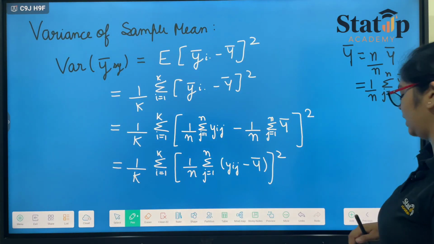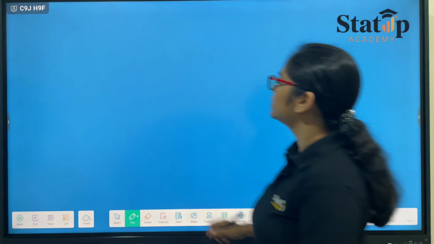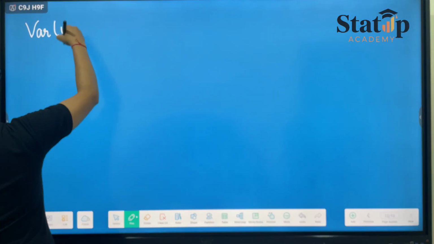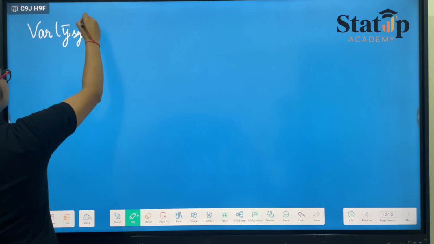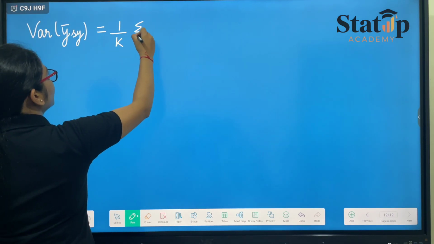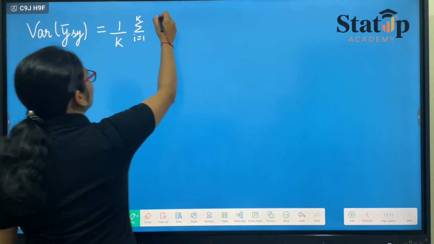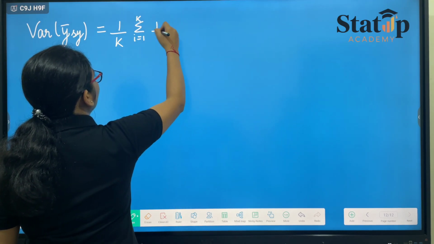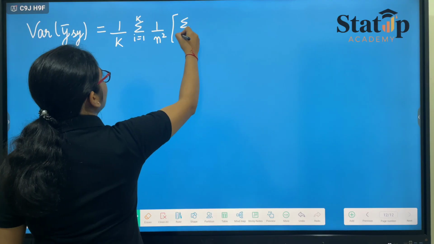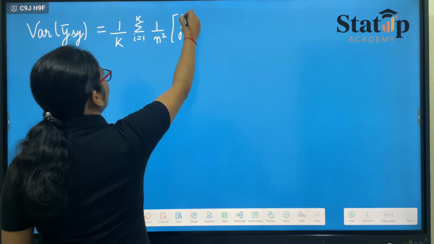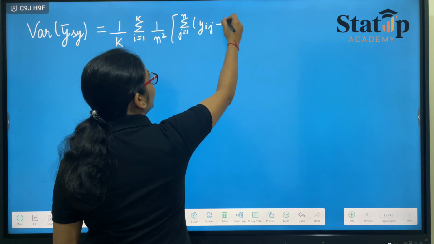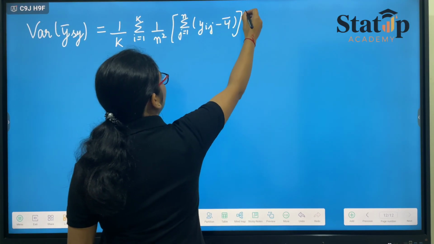Taking the common factor outside, the next step would be variance of y bar systematic is 1 upon k summation i goes from 1 to k into 1 upon n square, when it comes out of the bracket, and summation j goes from 1 to n, Yij minus capital Y bar whole square.